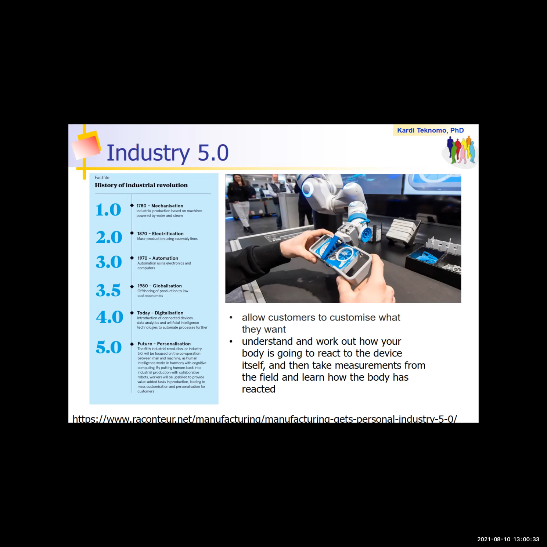We can consider about the 1870s, the electrification that made mass production using assembly lines, as Industrial Revolution 2.0. Now in about the 1970s, there was a lot of automation using electronics and computers that we can consider as Industrial Revolution 3.0. And of course, the economy became globalized in the 1980s, when China joined the WTO. And today they call it Industry 4.0, when data analytics and AI started to coincide.